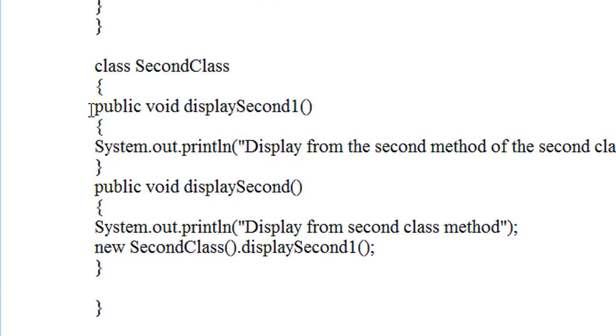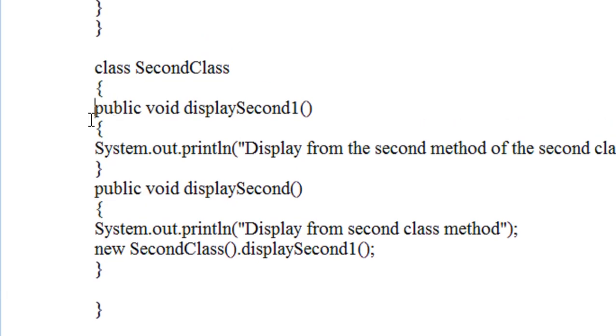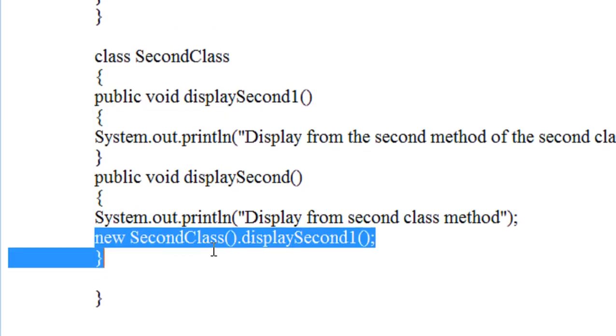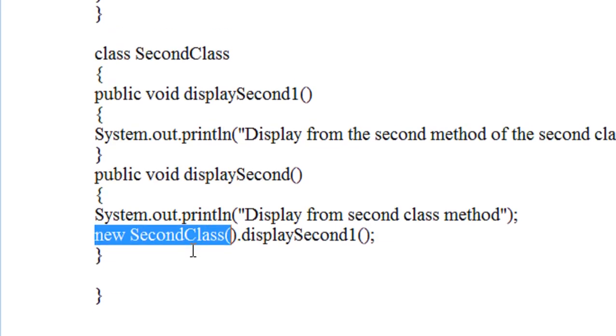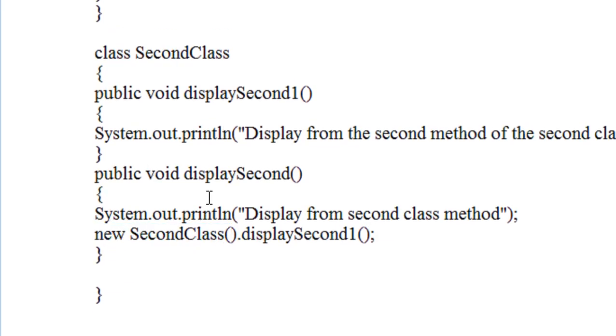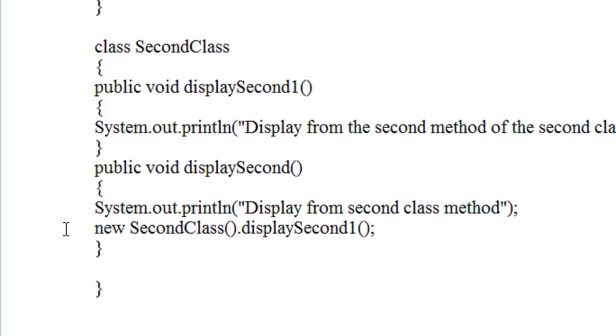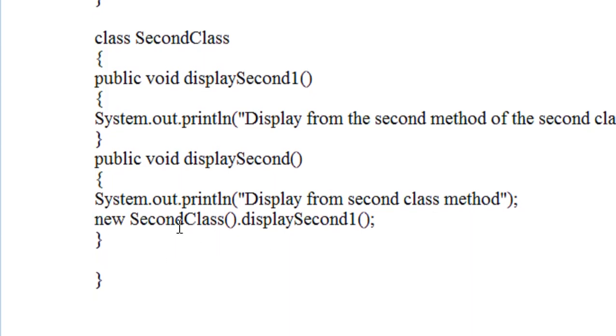There is also another method present in the second class called display second one. In order to call that method, I create an object of that second class inside the display second method itself, without an object reference, by using the new keyword only: new second class dot display second one.